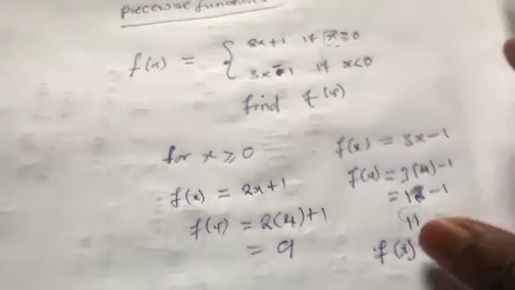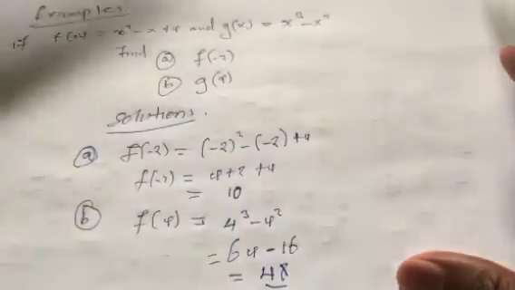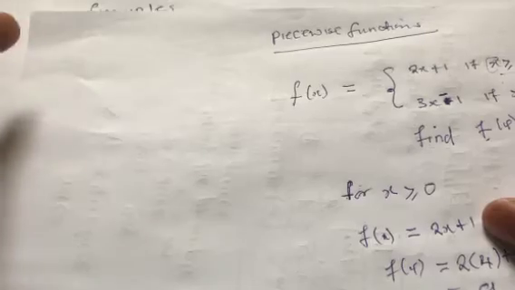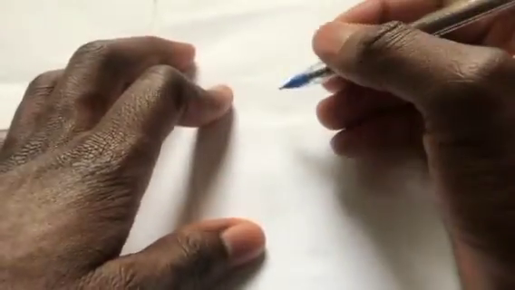So that was just a simple illustration on how you should resolve questions based on piecewise functions, even in the introduction to functions. Sometimes they can even ask you, how do you check if a given function is one-to-one?